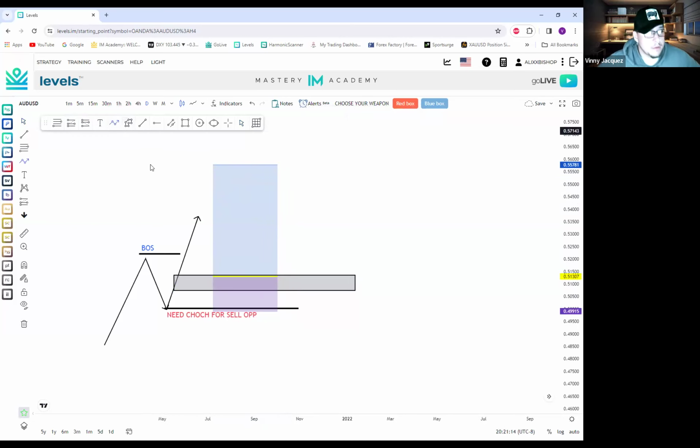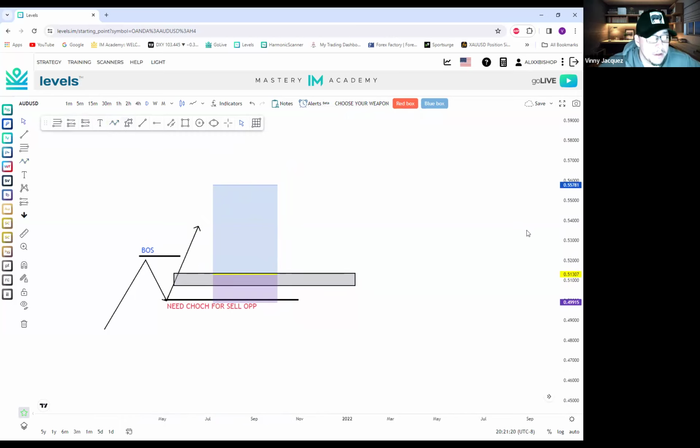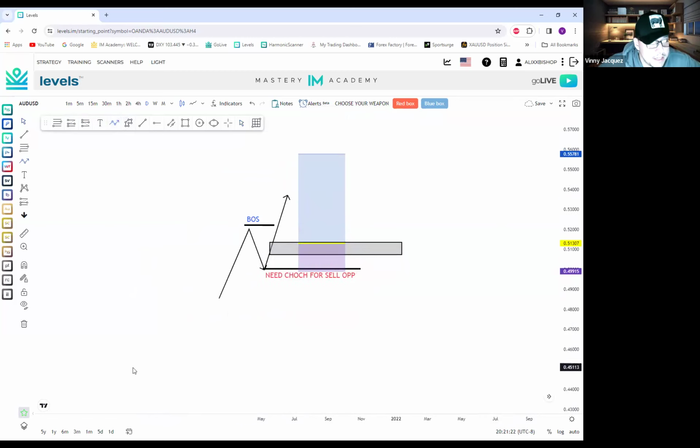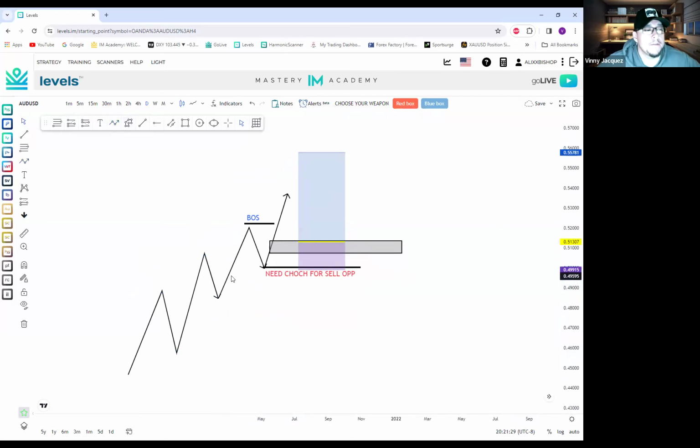Now, we have to focus on market structure all the time because different trends have their own time frame, right? We could say maybe this right here is the 4-hour time frame.